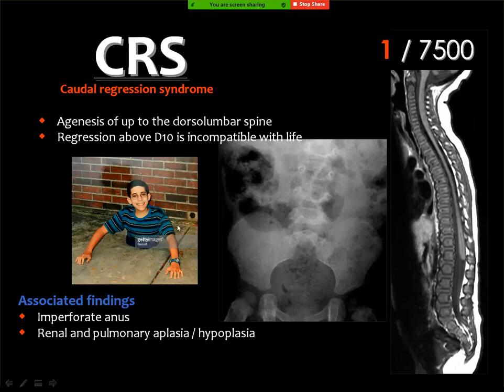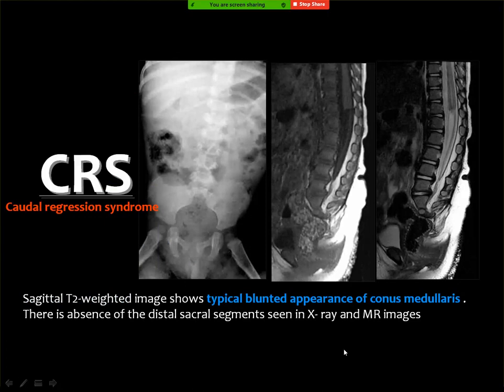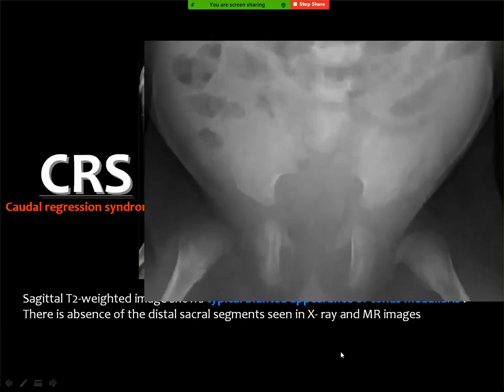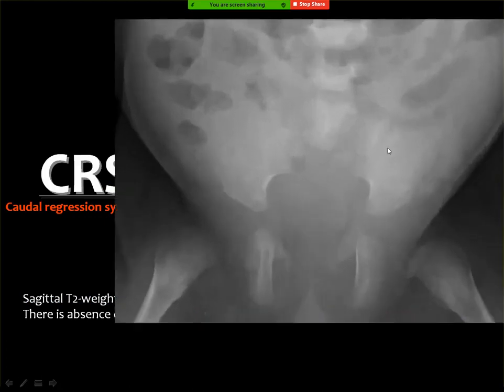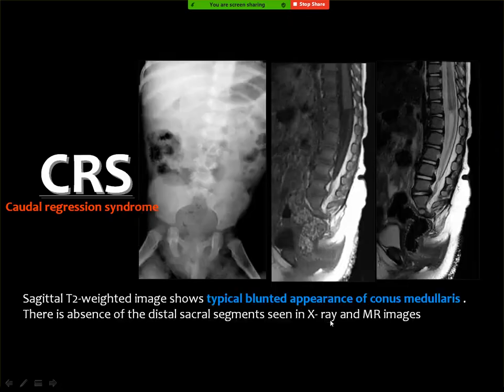Then if you look carefully in the plain film, you see that there is no sacrum and the iliac bones are very close to each other, and this is sometimes known as kissing of the iliac bones, and you do not see the sacrum.